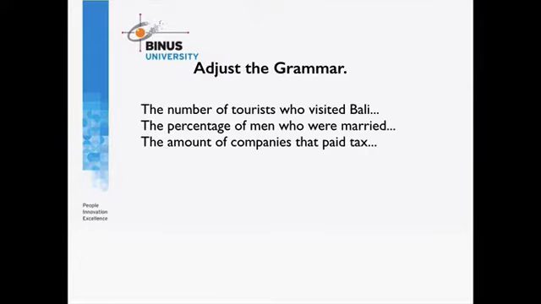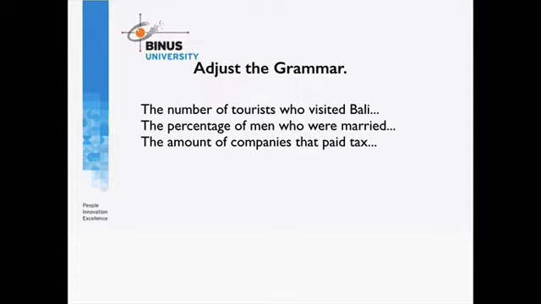So if you look, really the grammar, there's not that much flexibility, but if we look at these examples, the number of tourists who visited Bali, the percentage of men who were married, the amount of companies that paid tax, you can see that there's a pattern. You've got your number of tourists, and then you have your relative pronoun who, and then you have the verb visited, who were married, that paid tax.